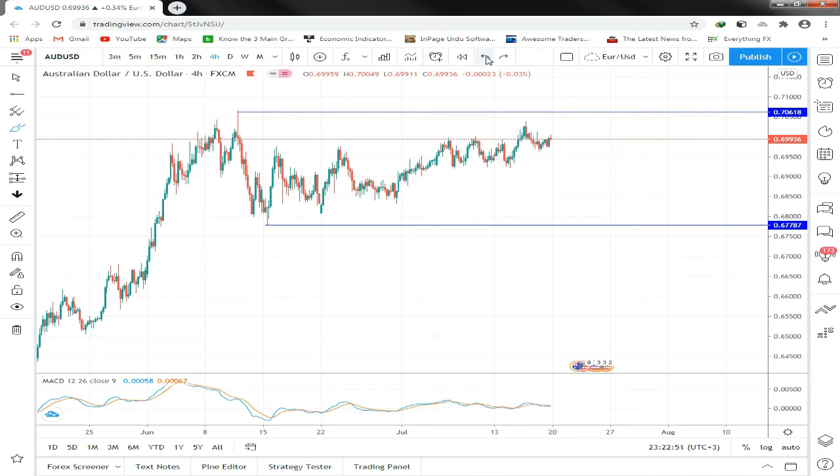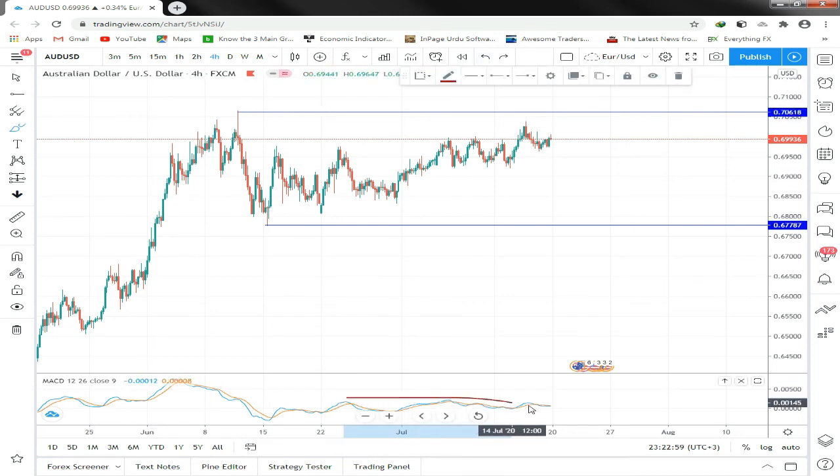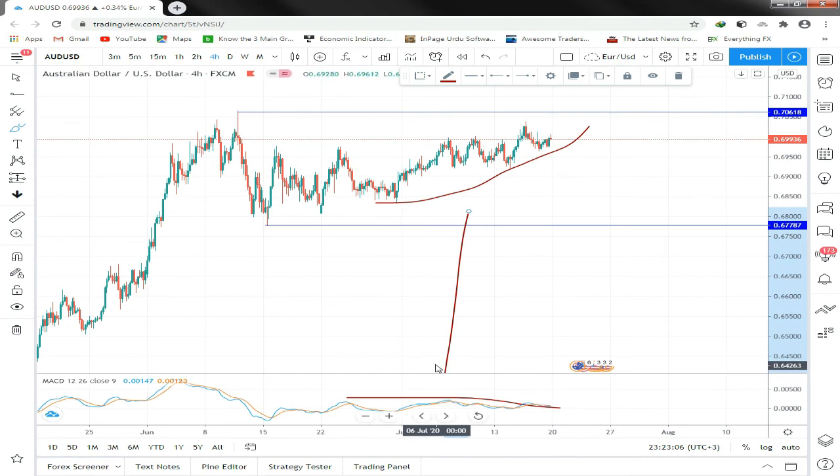Why am I thinking like that? I always told in my previous videos that when I see this kind of divergence between the chart and a particular indicator, where the indicator does not follow the price on the chart, then I stop buying or stop selling.